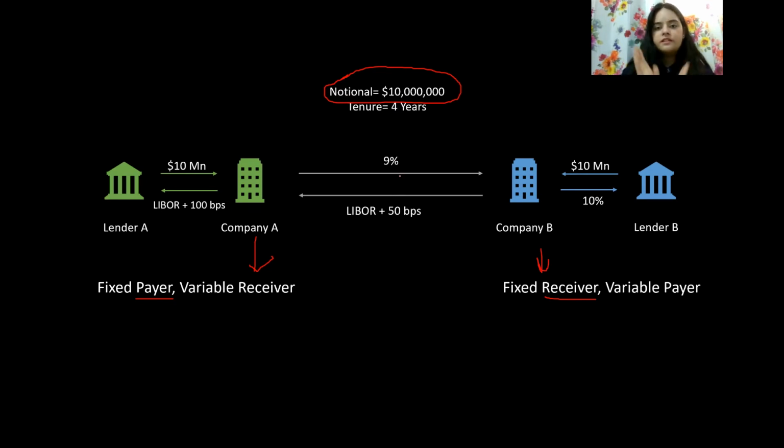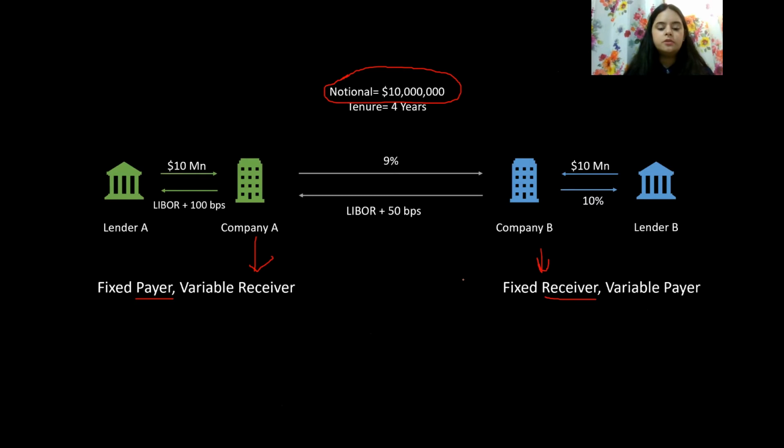Whichever is higher: if the received payment is higher than the paid one, then it is net receiving, otherwise it is net paying. Only one of the two takes place. Not the whole transaction. It is the net amount of the swap that is exchanged.